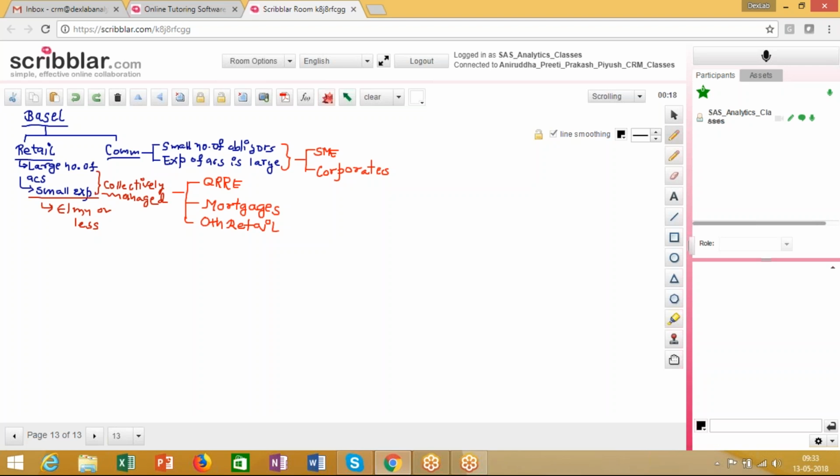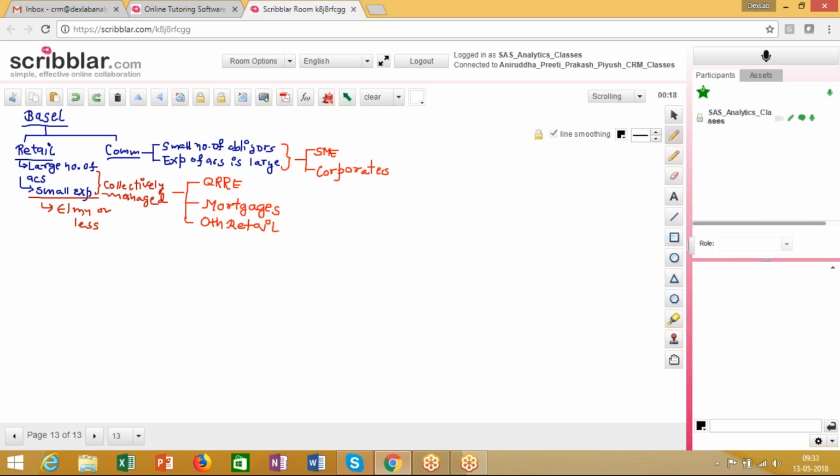So basically, say in a credit card portfolio you might have 3 million, 4 million accounts, whereas in a small medium enterprise portfolio, SME and corporate portfolio, the number of obligors who have taken the loan would be much less, because the number of firms is much less compared to the number of individuals. Therefore, the number of obligors in a commercial portfolio should ideally be lesser on average relative to that of the retail portfolios.